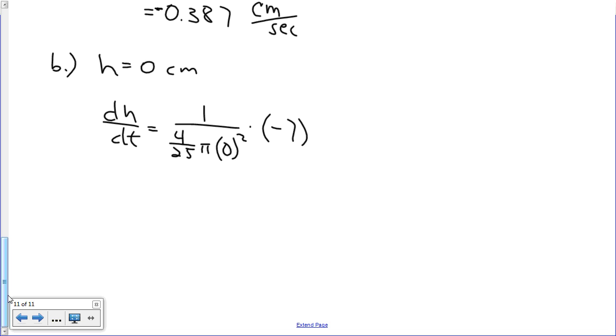So this is undefined, or in other words, it's really a constant divided by 0, which you could say is infinitely fast here, but this is undefined. And so at the moment when the last drop leaves the cup, this thing is going faster and faster and faster, and it's actually going infinitely fast there as that height gets closer and closer to 0.